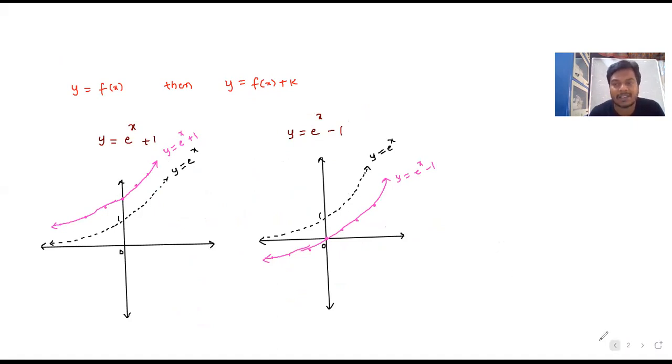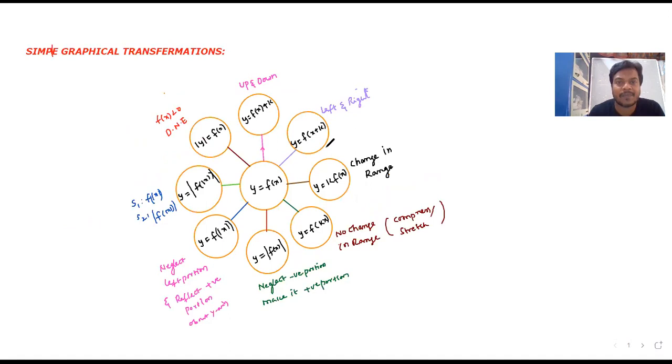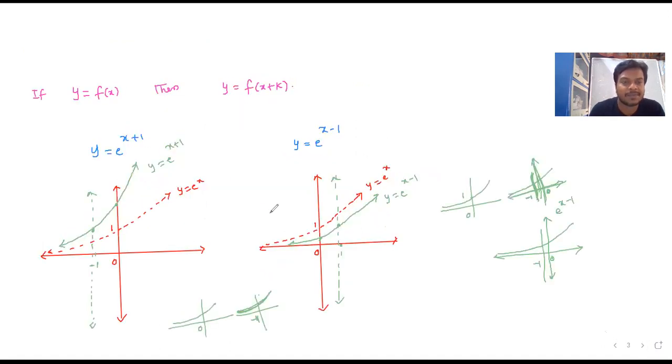Okay, nothing more there. Next, second one, suppose internally you have plus k, that is f of x plus k. Then observe the graphs, just shift the graphs left side and right side. Suppose you have to draw the graph of y equal to e power x plus 2, then observe, we know that the e power x graph exists like this.